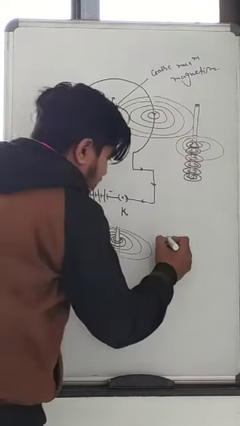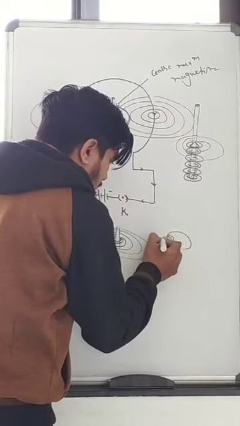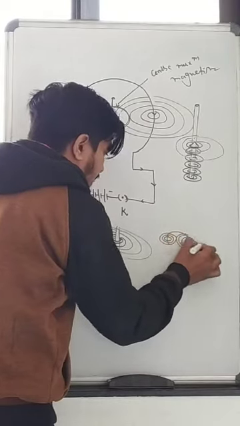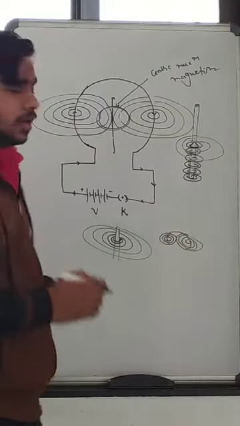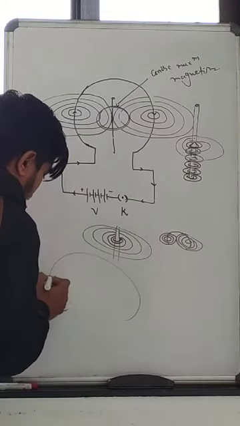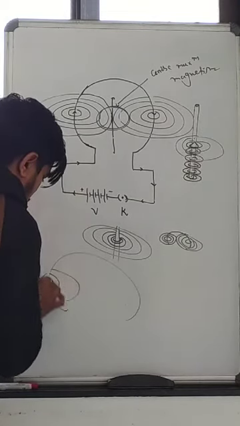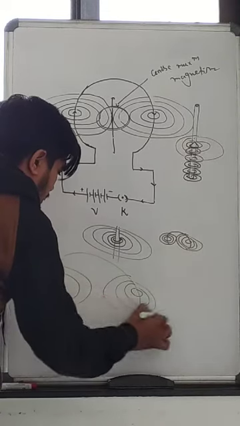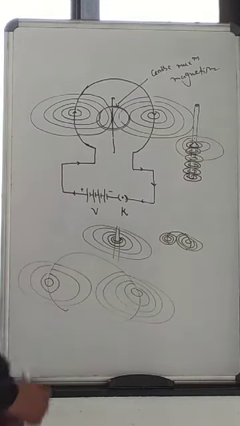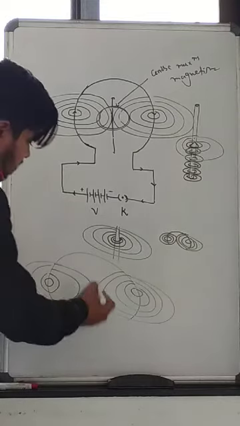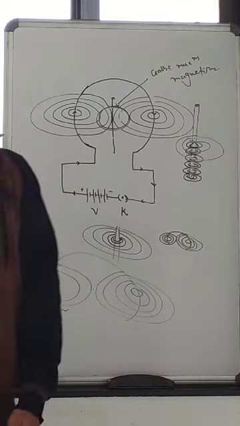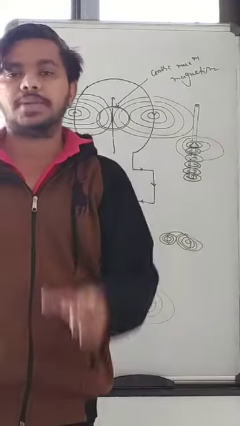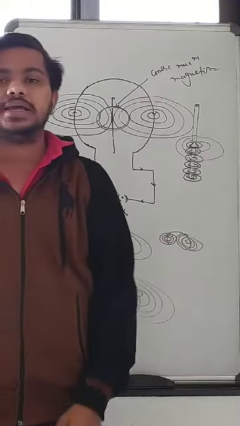So if the radius is less, then more lines can easily come near to each other, and if the radius is larger, then these spaced magnetic field lines come nearer to each other. Understand? So as the radius increases, the magnetism at the center point decreases, and as the radius decreases, the magnetism at the center point of a loop increases.